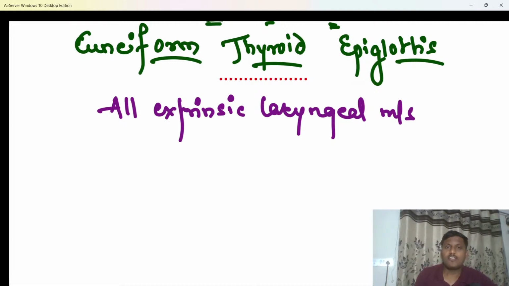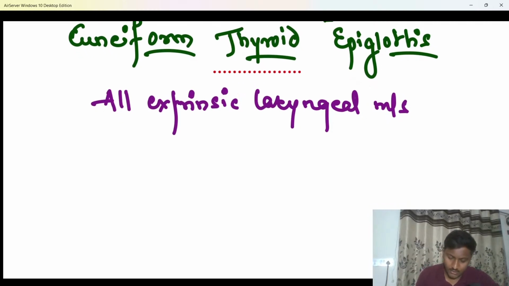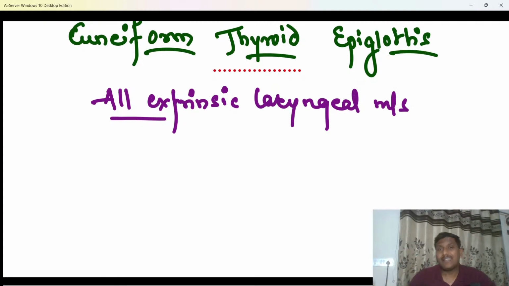Next important, if I talk about the intrinsic laryngeal muscles, all the intrinsic laryngeal muscles are usually derived from the sixth arc, but there's an exception to it. We'll talk about that exception in a while. Okay? All extrinsic muscles from fourth arc, all intrinsic muscles from sixth arc with an exception. ये तो हो गया larynx के बारे में.